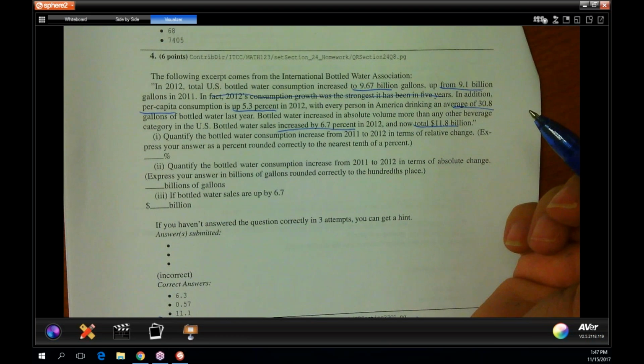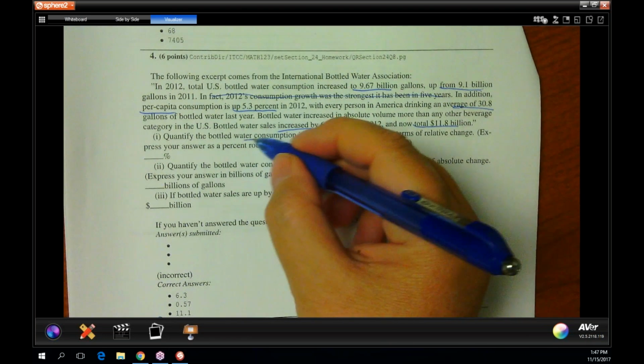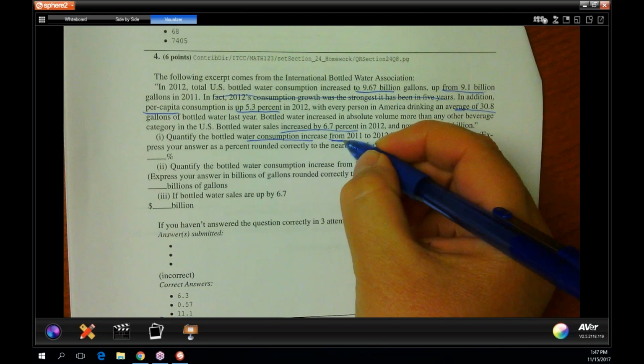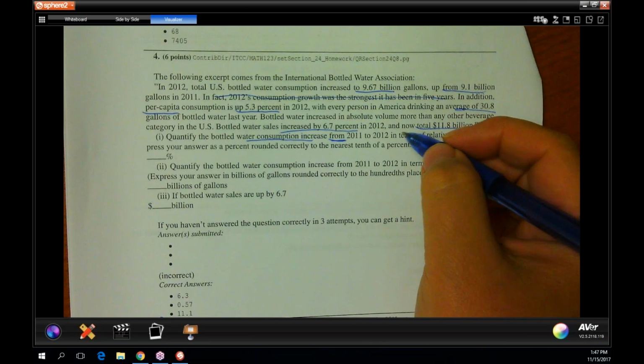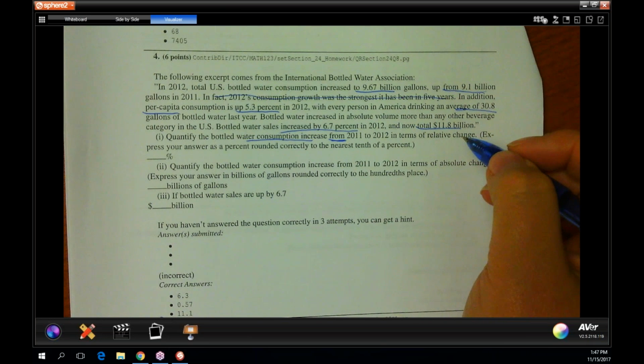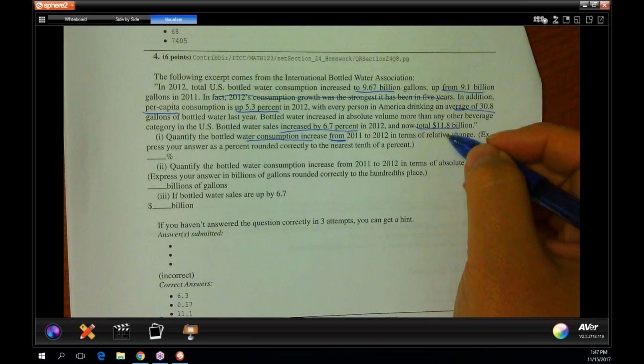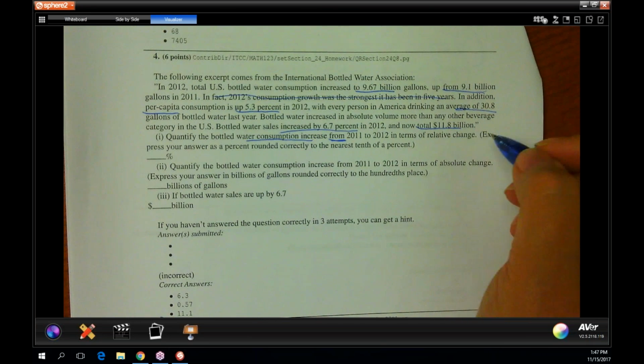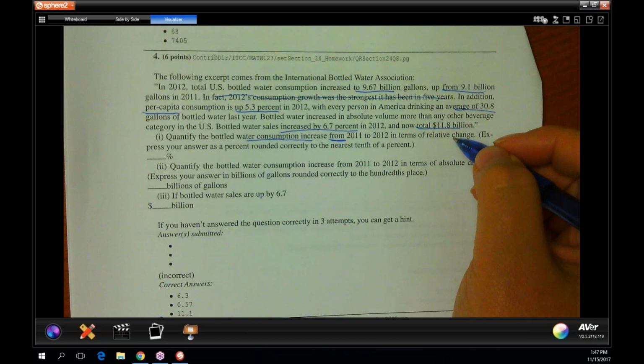Quantify the bottled water consumption increase from 2011 to 2012 in terms of relative change. Express your answer as a percent rounded to the nearest tenth of a percent.